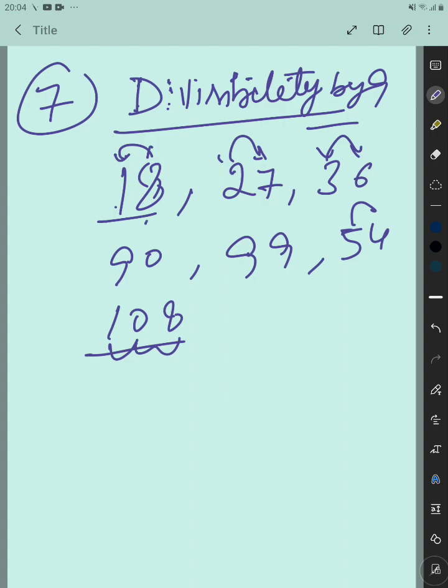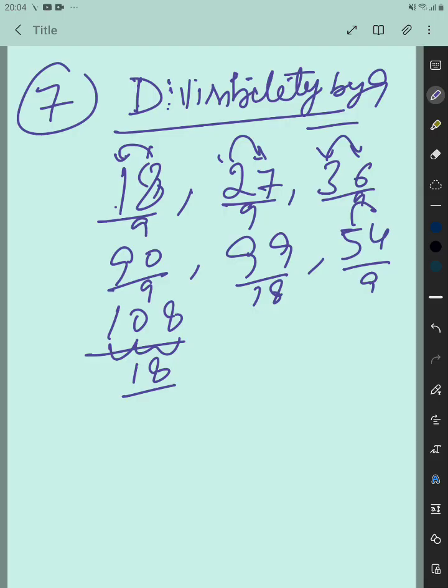If you add these digits you will get 9, here also 9, here also 9, here also 9, here is 18, here is 9, and here is 18. So what we see is that in all these numbers, the sum of digits is a multiple of 9.